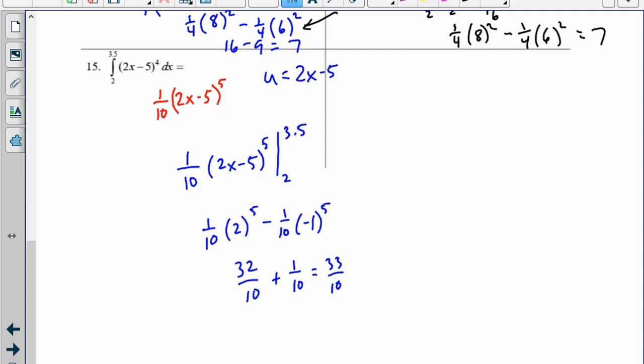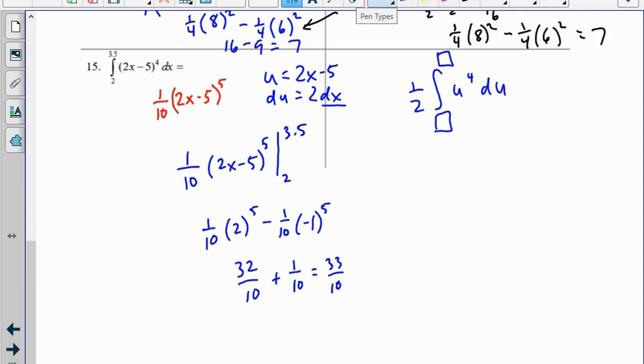If I do this with changing the bounds, I can do the integral of u to the 4th du, and remember that when I made the du substitution back in that problem, I had a 1/2 on the outside. So now I can change the bounds and figure out what goes in these spots.